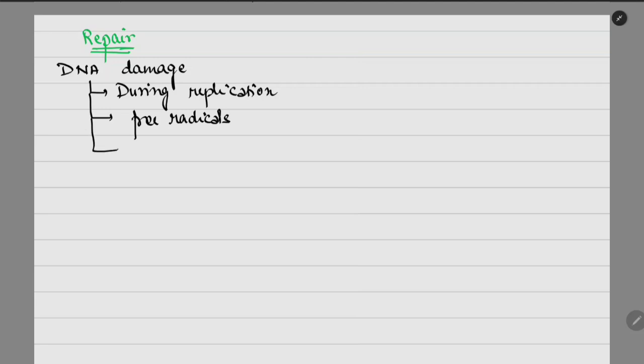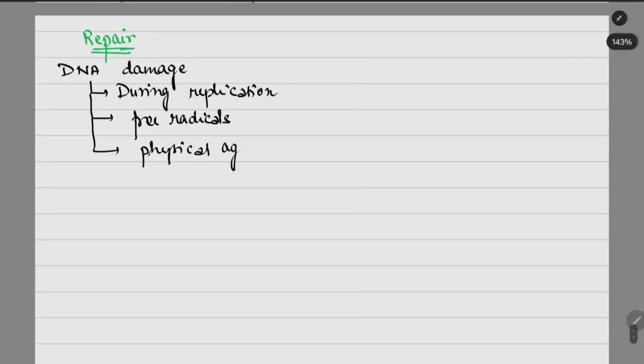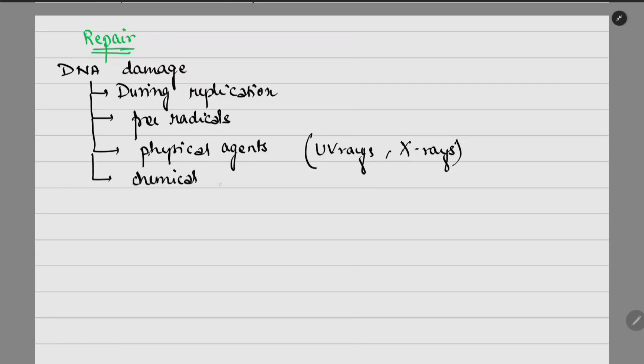There can be some physical agents like UV rays, X-rays, gamma rays that are also harmful for our body. Or there can be some chemical agents like nicotine, hydrazine, ozone. They are very potent in damaging the DNA. Ozone, nicotine, hydrazine, etc.